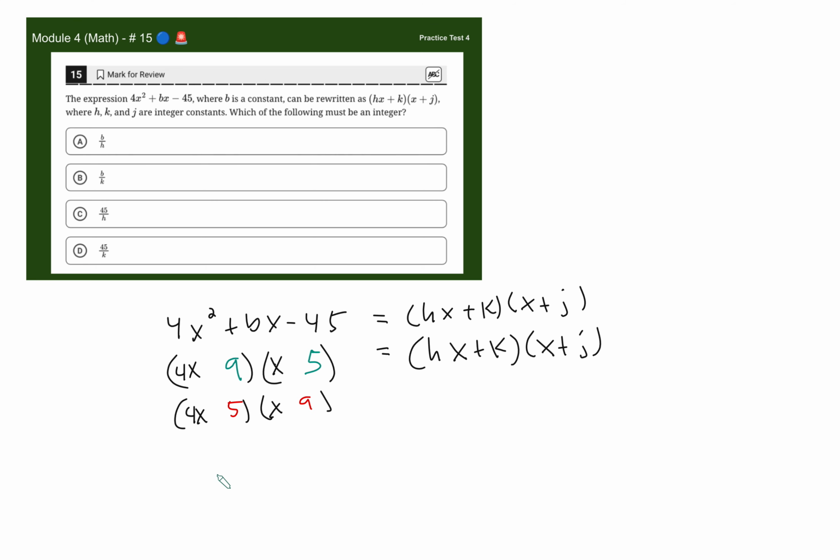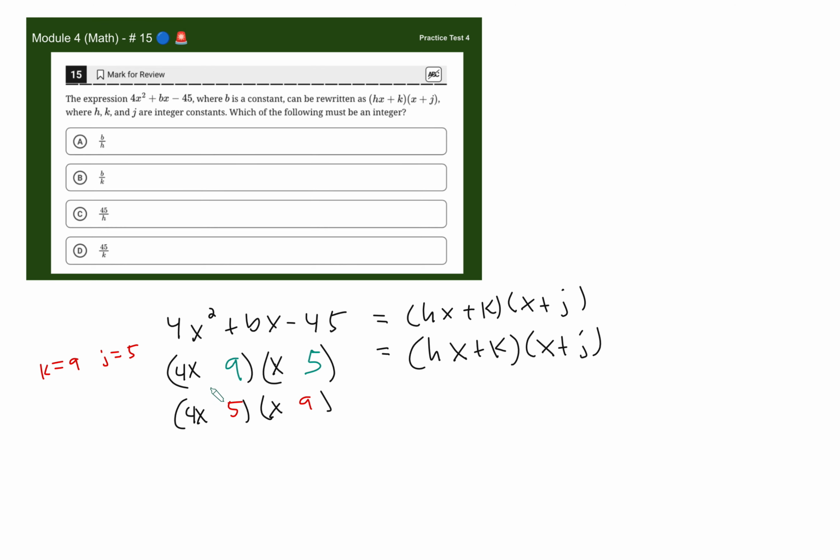Okay, let's see. So let's try the first one, 9 and 5. If that's the case, 9 would be k. So k for this situation here is equal to 9, and j is equal to 5.